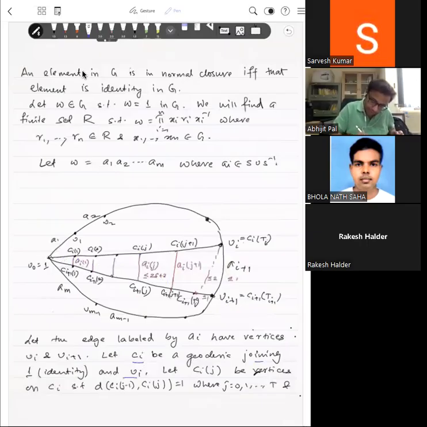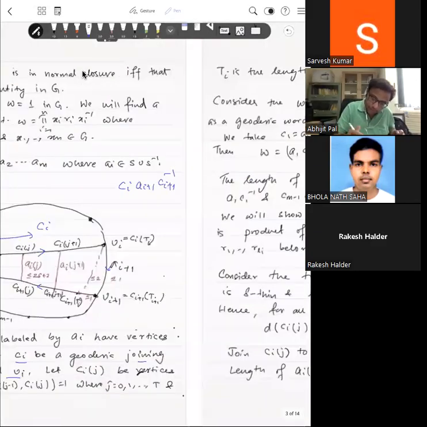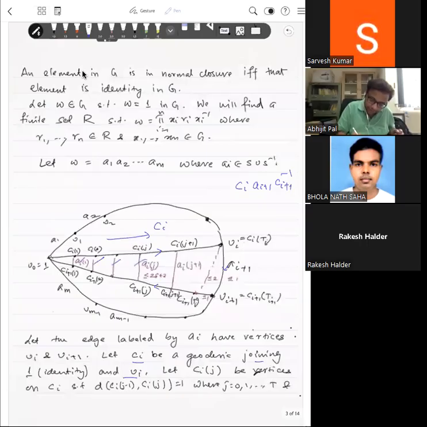So Ci is this geodesic. What we will have is Ci ai plus 1, so it will move like this and come back by Ci plus 1. Then you will have this thing. This part I have written here, so consider this word. This means you are considering this triangle first.